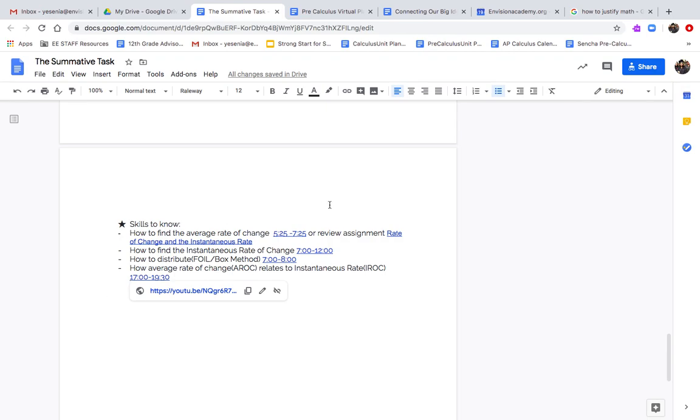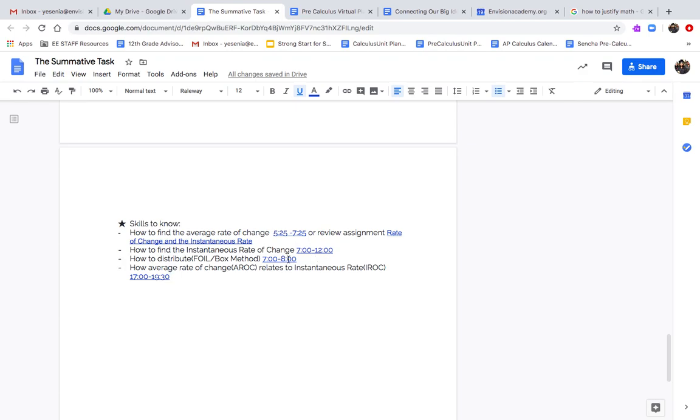And at the bottom of this page, just for ease of access, if you forgot how to do something, you can click and view timestamps of past videos where we've learned the things. For example, the calculation portion on how to find the average rate of change, or you could look back at this assignment I tagged in here. Or if you forgot how to do the calculations for instantaneous rate of change, you could check out the video here.